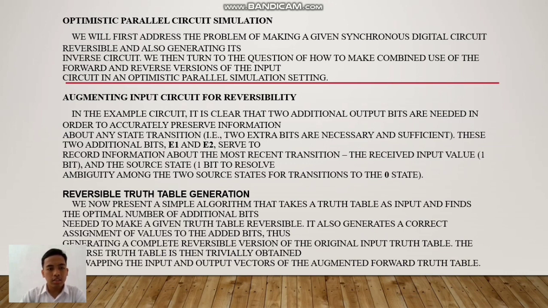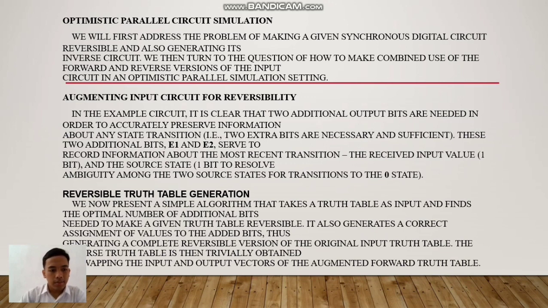These two additional bits, E1 and E2, serve to record information about the most recent transition, the received input value, and the source state.